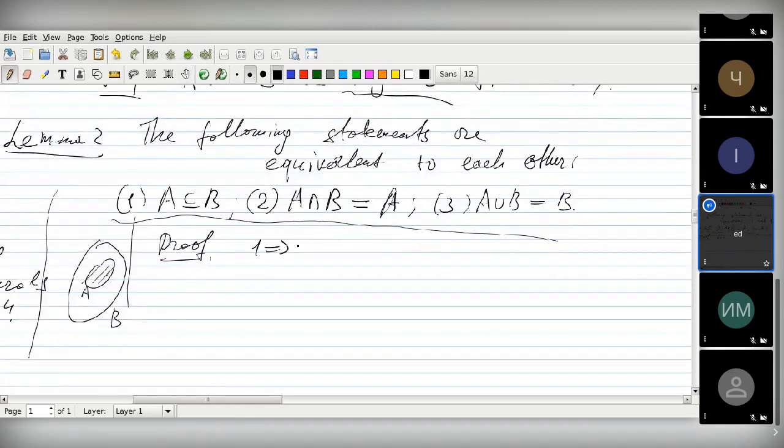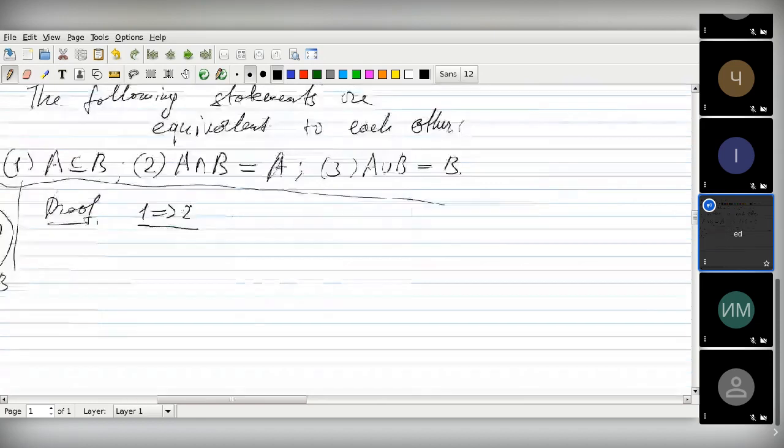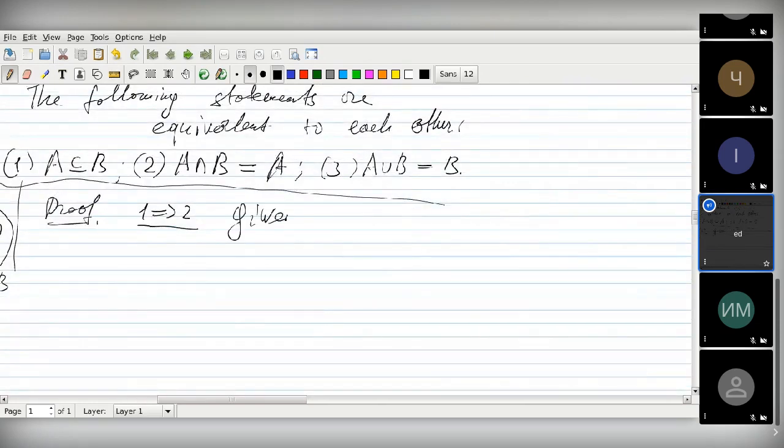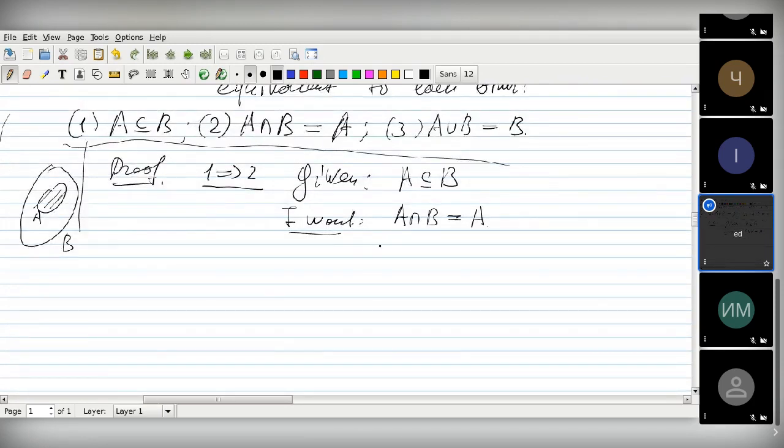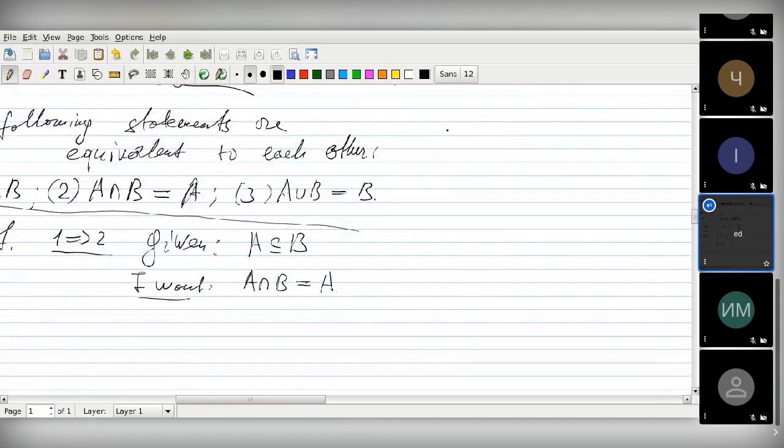At first, I want to infer the second one from the first one. I am given that every element of A is an element of B. I want to prove that this set equals A. You know that in order to prove an equality, you need two inclusions.